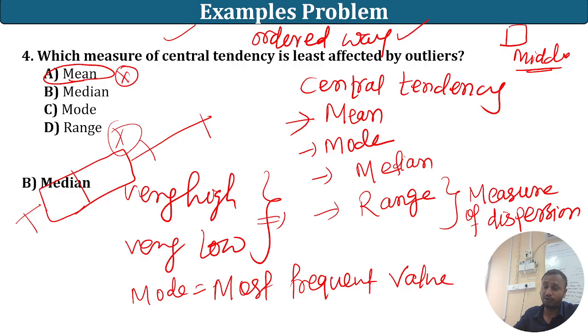But the median is always at the center, because we keep the data in order from the lowest value to the highest value and then find the very middle. That middle is the median, so it's not influenced by the outlier. So for central tendency, it's least affected by the outlier, and the answer is median.